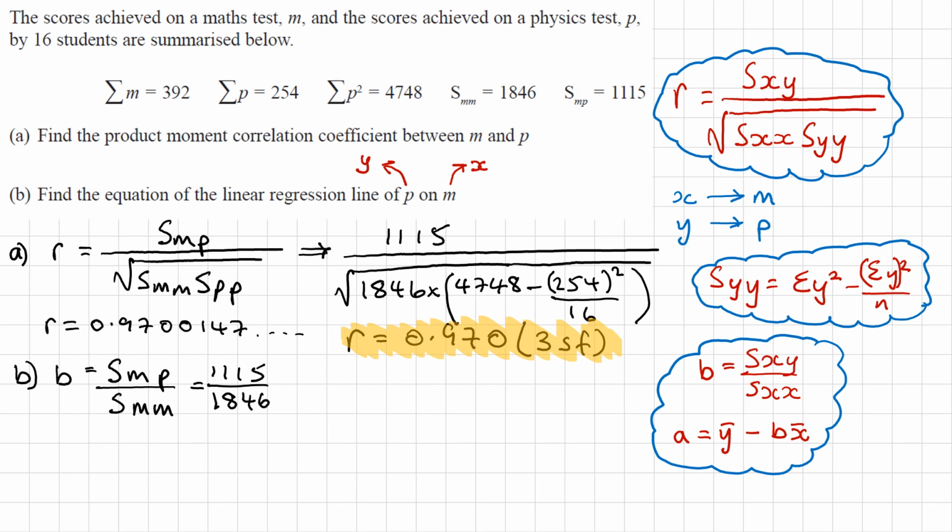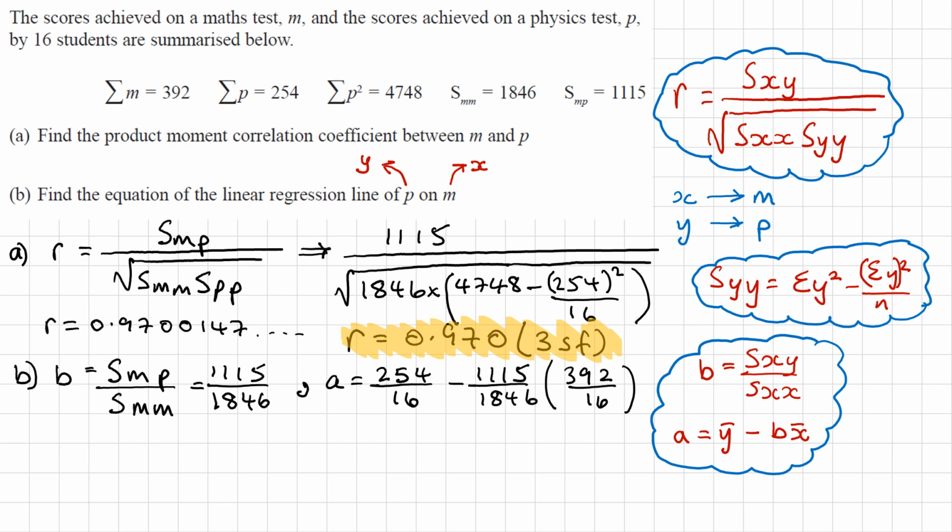Then to find A, that will be basically the mean of P, so that'll be the sum of P over N, so 254 over 16, minus B, which I've just worked out here, 1115 over 1846, times by the mean of X, which is like the mean of M, so that'll be 392 over 16.